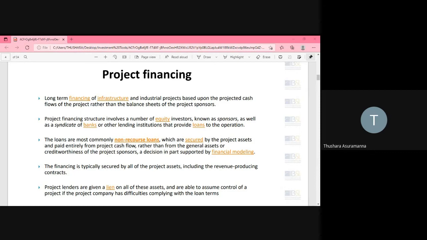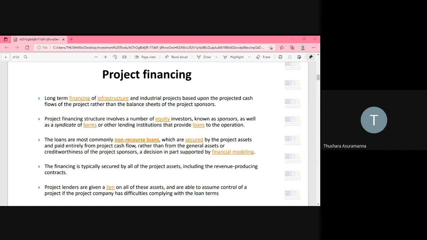That is most probably land, building, machinery, vehicles, whatever assets are under the particular businessman. But in project financing, you need to have the project assets as collateral.